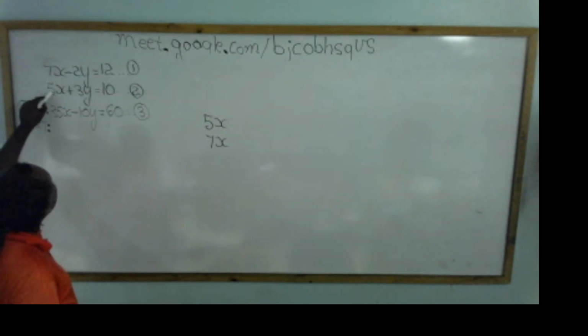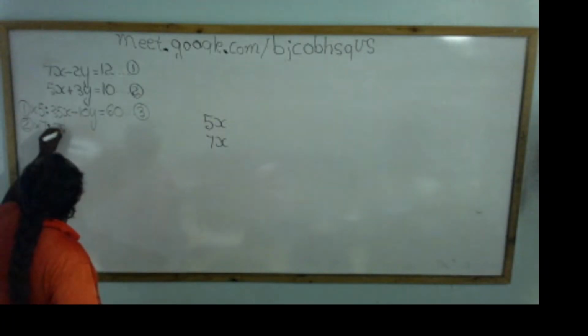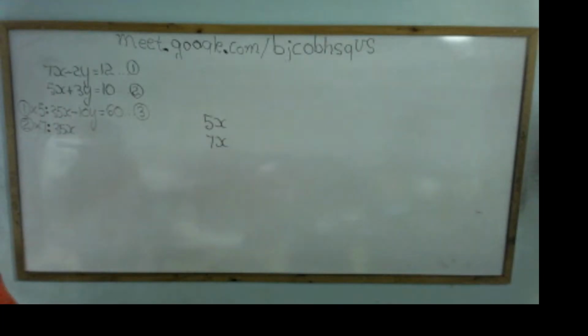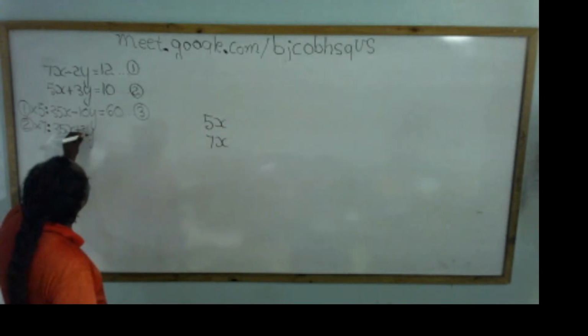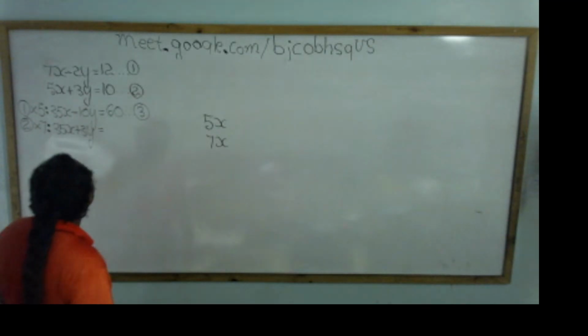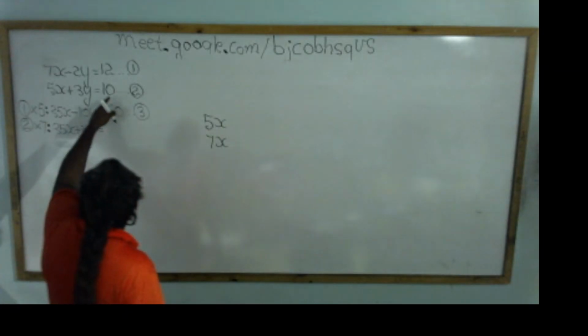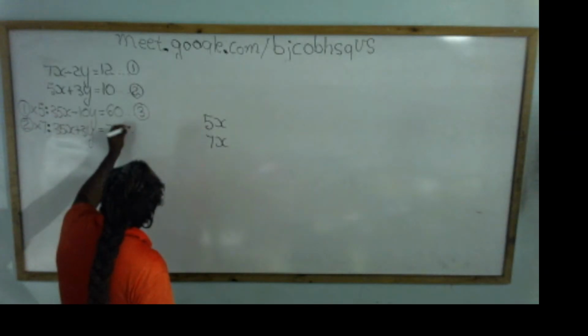So here, you'll have 5x multiplied by 7, you have 35x. You have what you want here because they are exactly the same. Then you say 7 also times the 3, so 3y equals 7 times 10, 70, and that is equation 4.